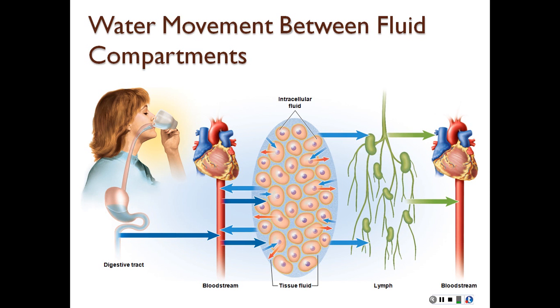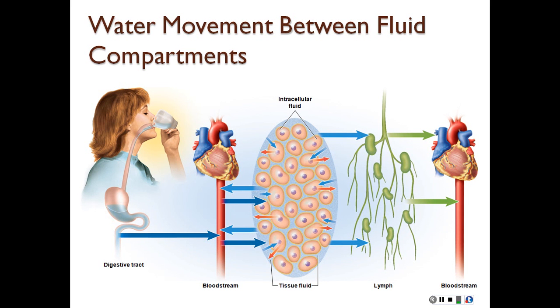That's why if you drink a lot, you run to the restroom a lot, right? To get rid of the excess. So again, the body is trying to keep everything balanced. We don't want too much water because that affects concentration, but we don't want too little either.